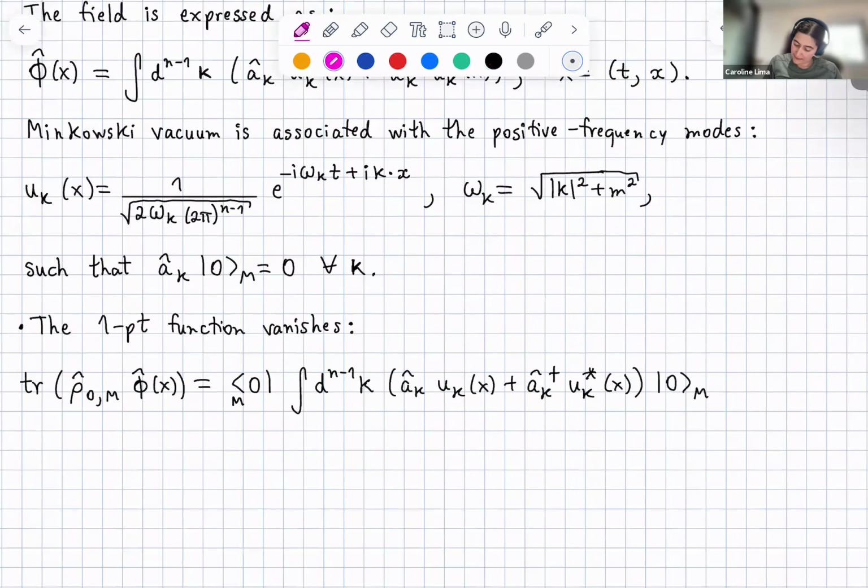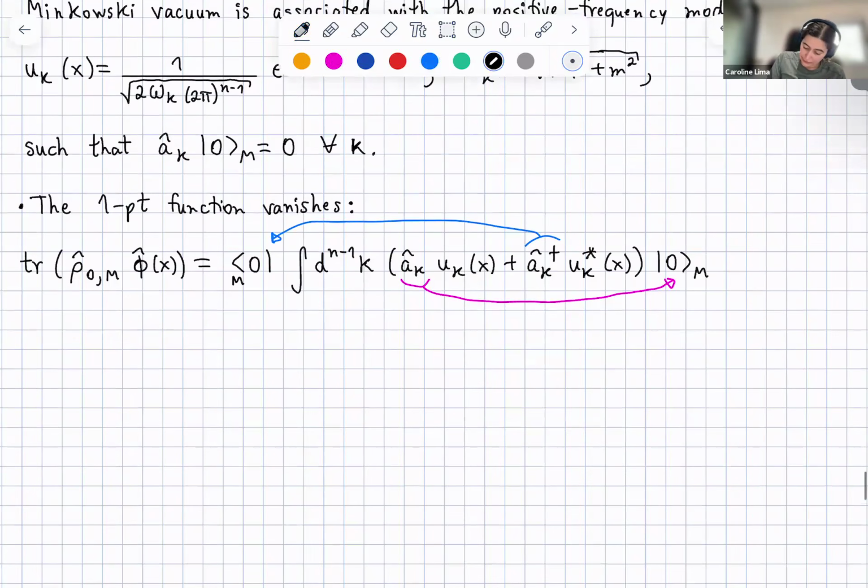Now, this annihilation operator acting to the right is going to annihilate the vacuum, so it's going to give a 0. And similarly, if I have this creation operator acting to the left, it's going to annihilate the bra as well. So what we have is that this is going to vanish. I just have a 0. Okay.